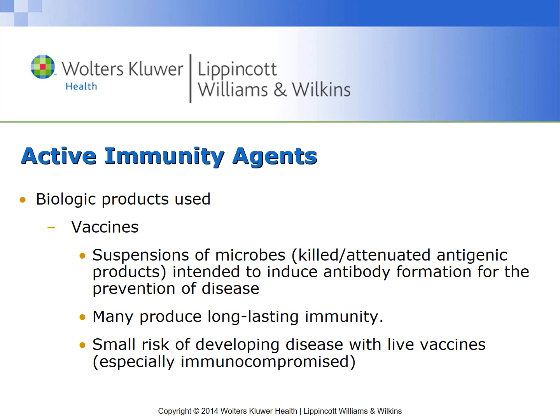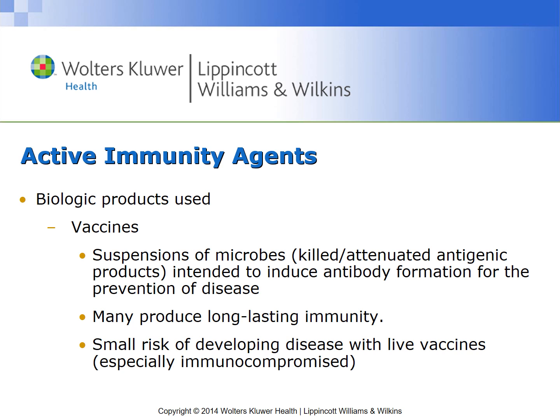So further discussing active immunity, we have those biological products that have been developed, and the vaccines are suspensions of microbes. They're either killed microbes or attenuated antigenic products. Attenuated means that it's a live or active microorganism, but it's weakened or reduced in its virulence, meaning its ability to cause issues.